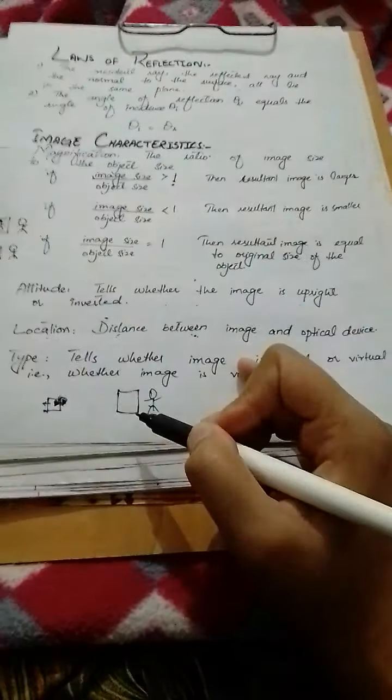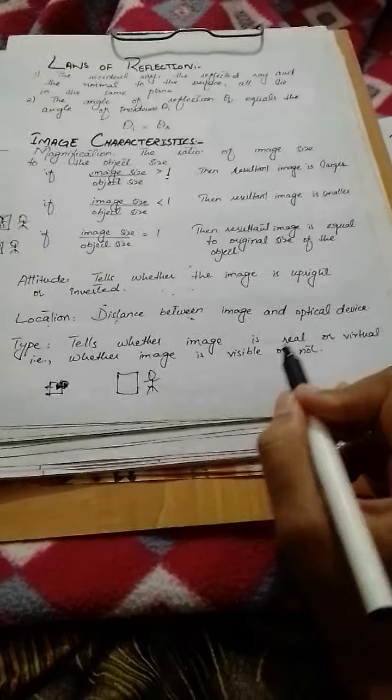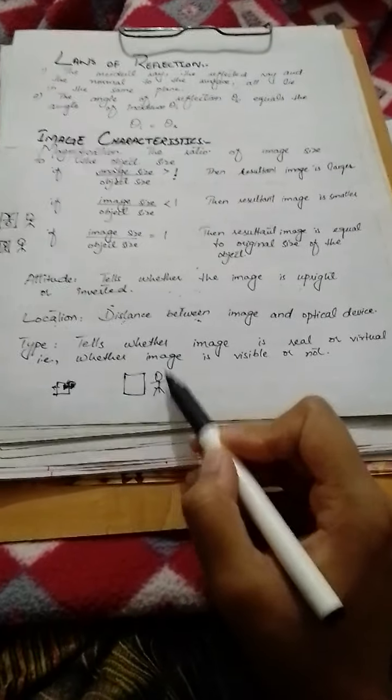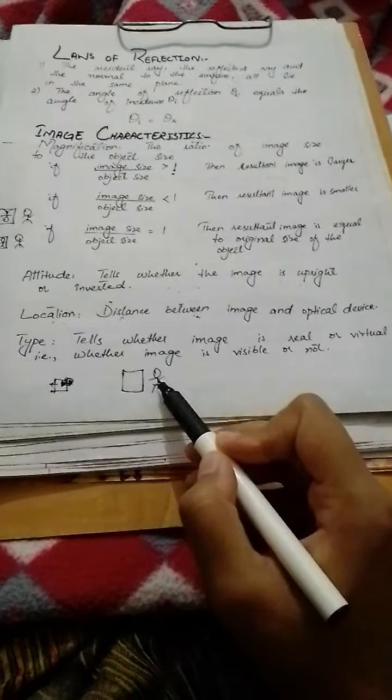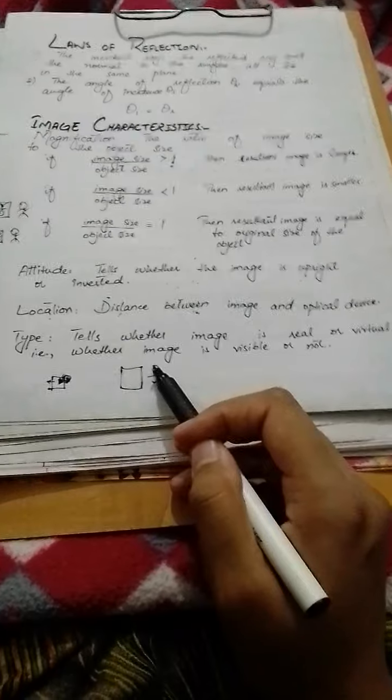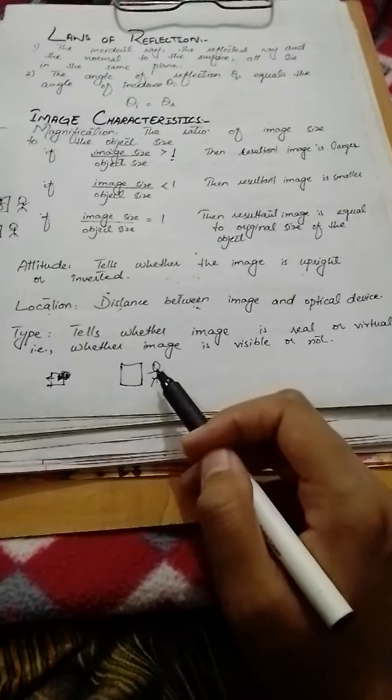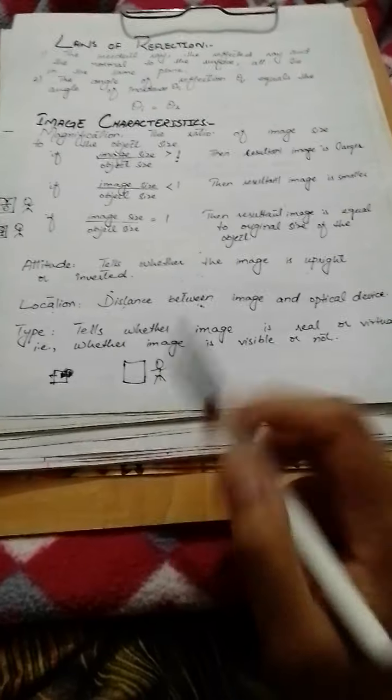But right now we just have to know that there are two types of images, real or virtual. Real are the ones that you usually see in your daily life. A man is standing there and he will see his reflection in the mirror. With a virtual image, there won't be any image in the mirror even though the man is standing right in front of it.